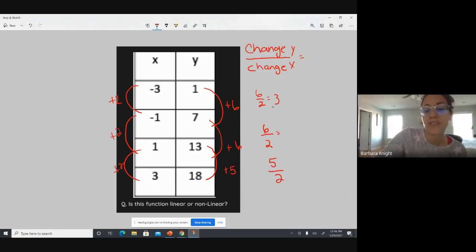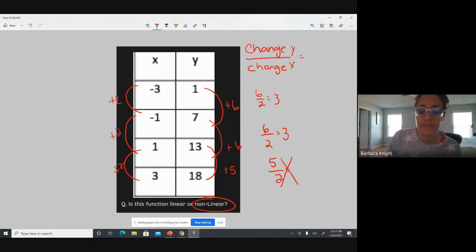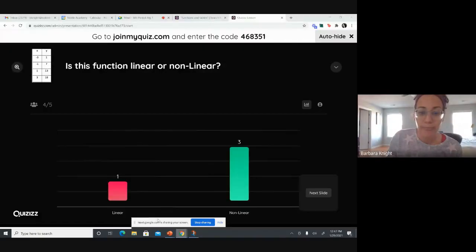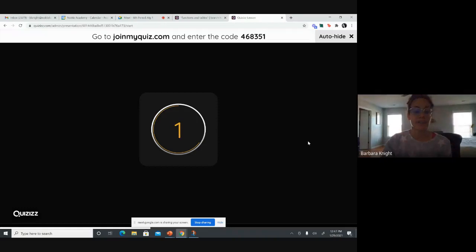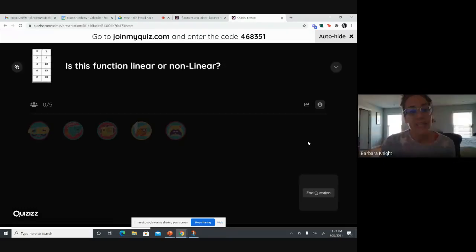I was off to a good start. They were following the rules. But this guy here did not follow the rules. So this is a nonlinear function. Good. Let's try another example. Is this function linear or nonlinear?